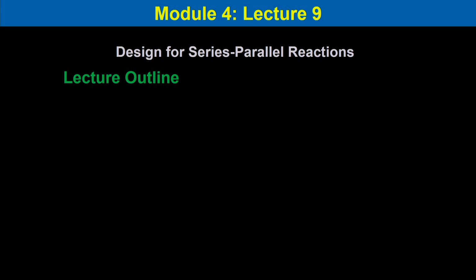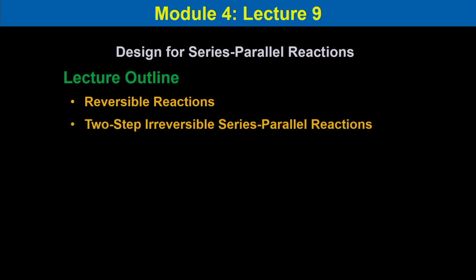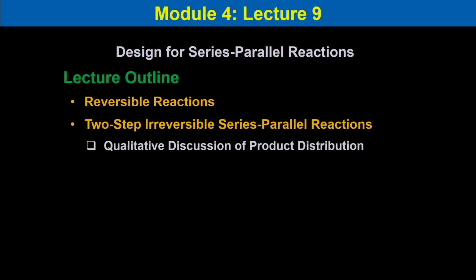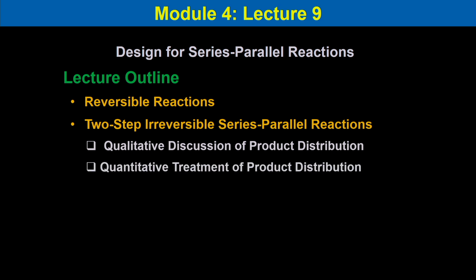So, the brief outline of this lecture is reversible reactions and two step irreversible series parallel reactions, under which we will discuss the product distribution, a qualitative discussion on it, and then we will consider a quantitative treatment of product distribution for two different cases.